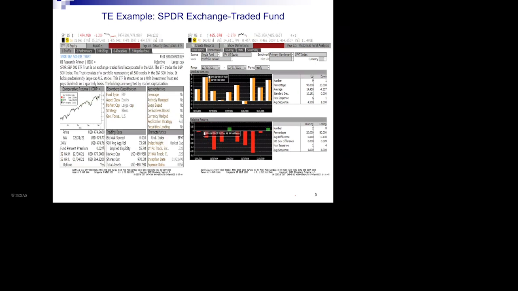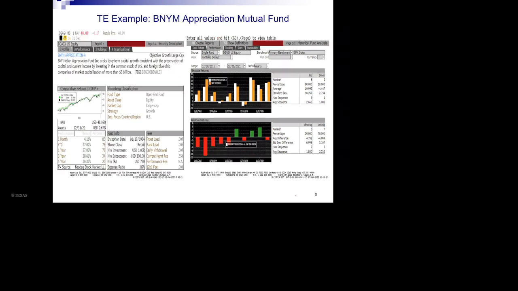We've also looked at an exchange traded fund, which was the SPDR S&P 500 ETF. And then we also have spoken of an actively managed portfolio by a money manager out of Houston named Fayez Sarofim. It's actually marketed by BNY Mellon, and it's their Appreciation Fund. And this is an actively managed fund.